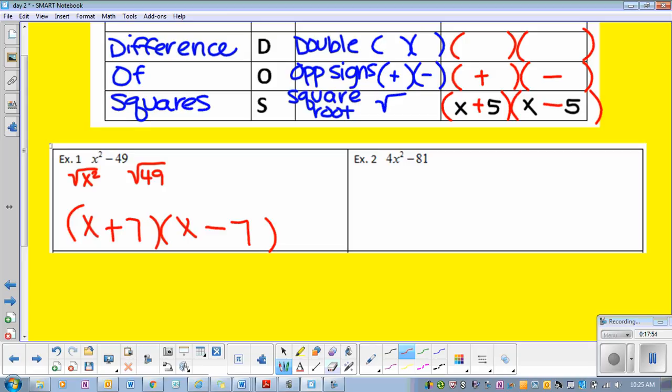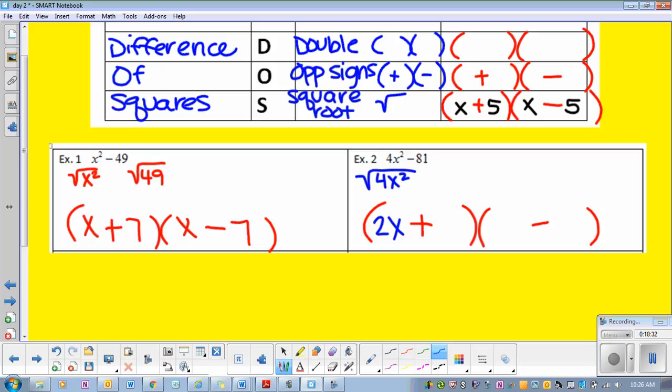Alright, this is a dose. Do my double parentheses, opposite signs. Guys, what is the square root of 4x squared? What's the square root of 4? We just said, what's the square root of 4? 2. And what's the square root of x squared? Just x. These have to go together in the first term because the 4x squared is connected together in the first term.